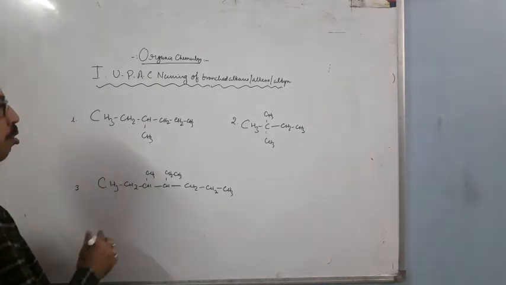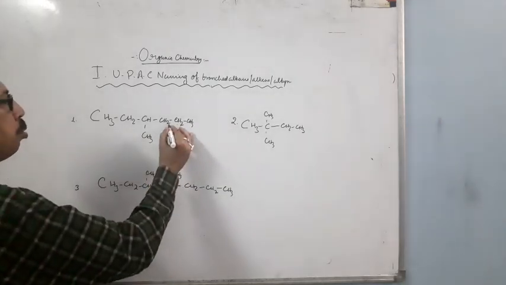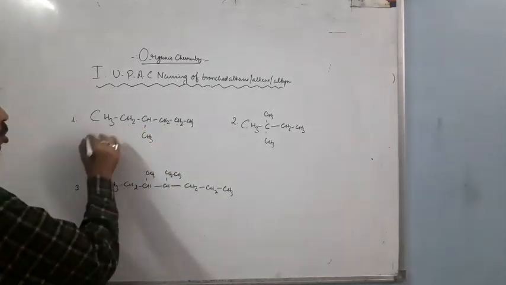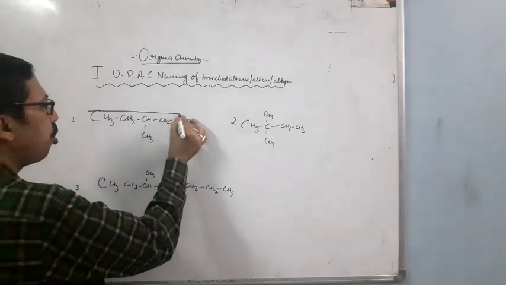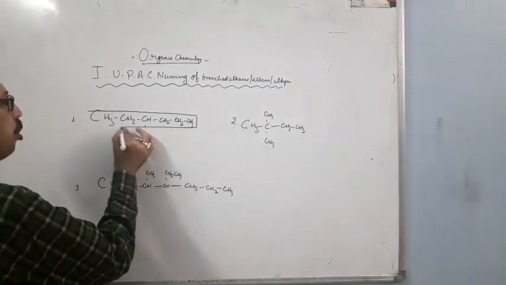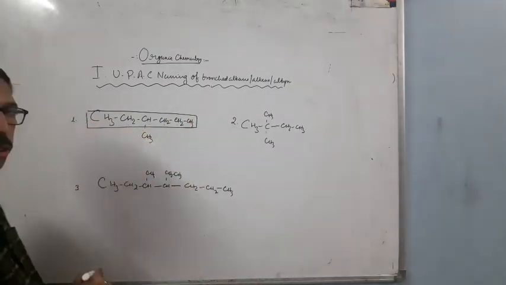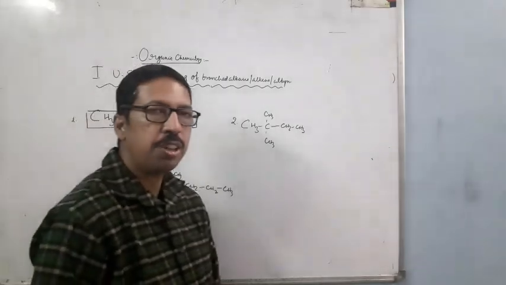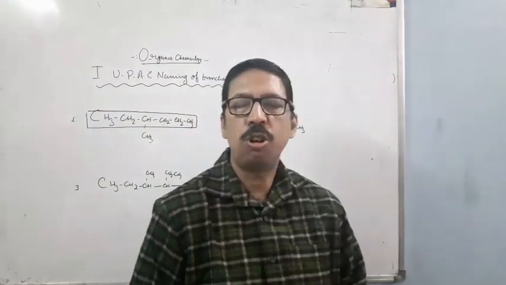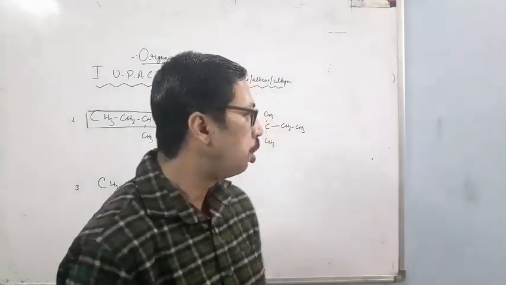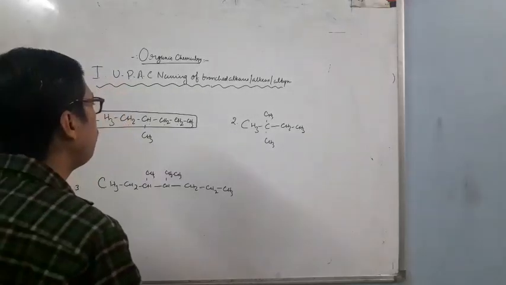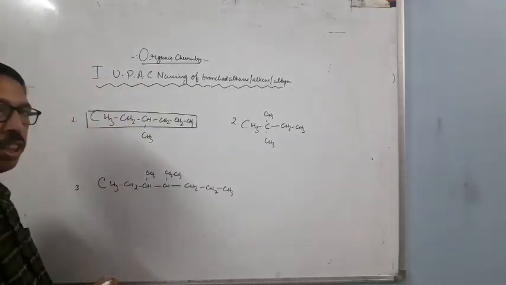Longest carbon chain: 1, 2, 3, 4, 5, 6. This is the longest carbon chain, and it is considered the parent chain. How many carbon atoms are there?